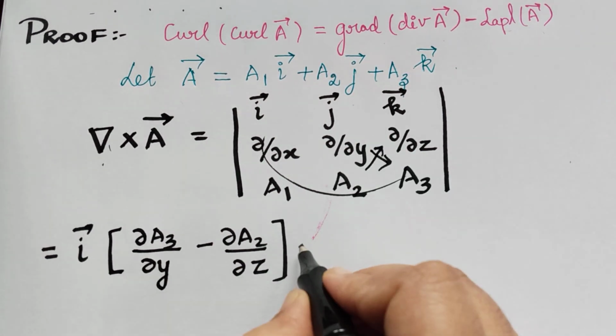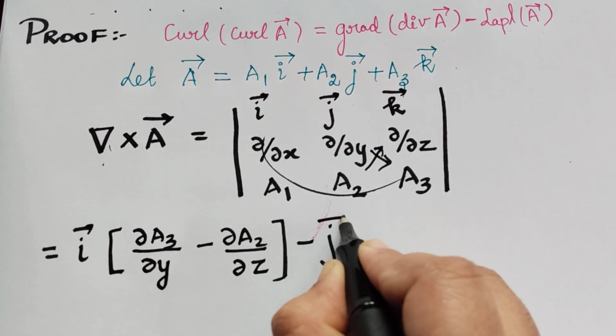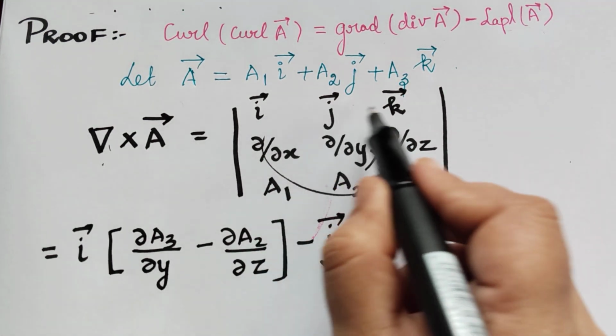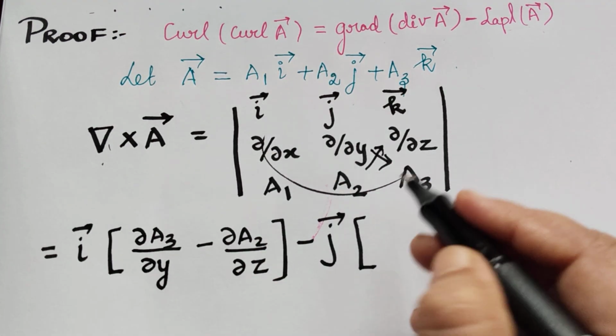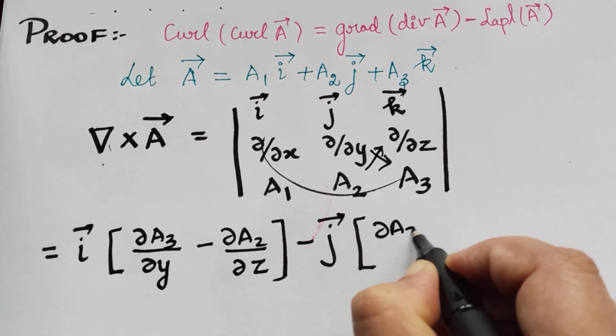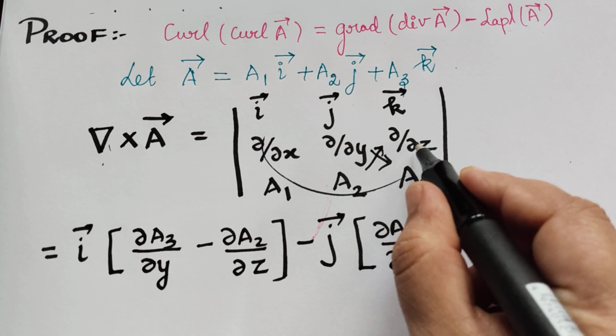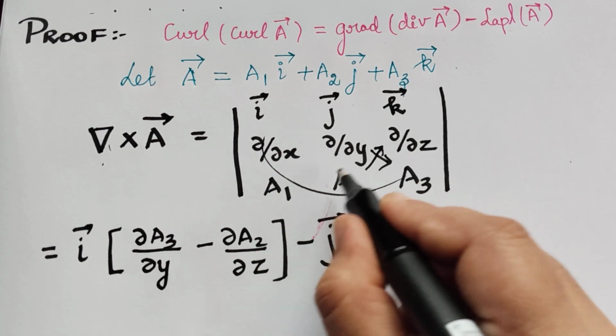Similarly, minus j vector, so you have to block this column and block this row, so it will be dou a3 by dou x minus dou a1 by dou z.